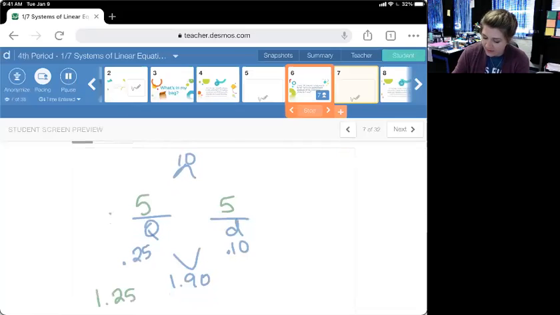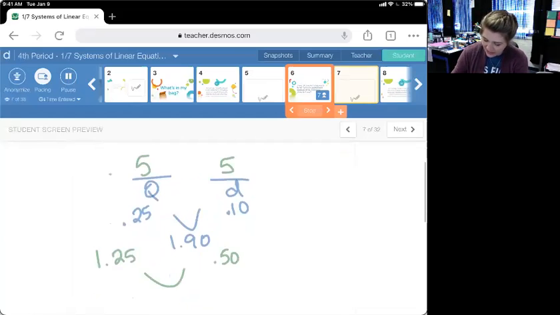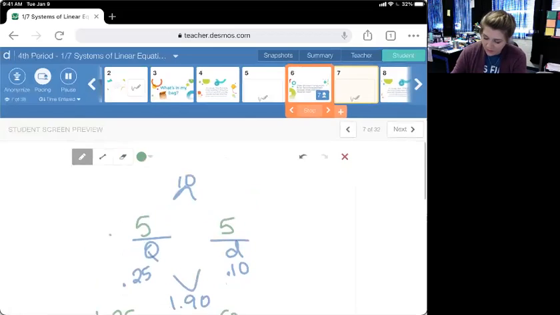If I take 5 times 10, that's 50 cents. When I add these two together, that gives me $1.75, which is not $1.90. So 5 dimes and 5 quarters is not going to work. So let's not do 5 and 5.